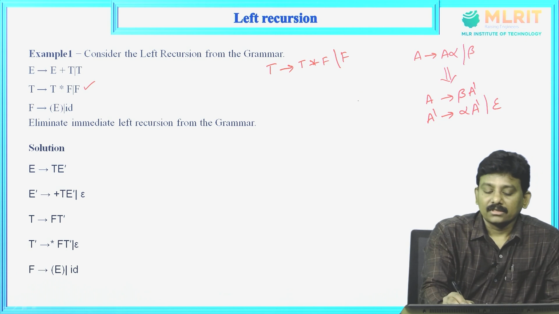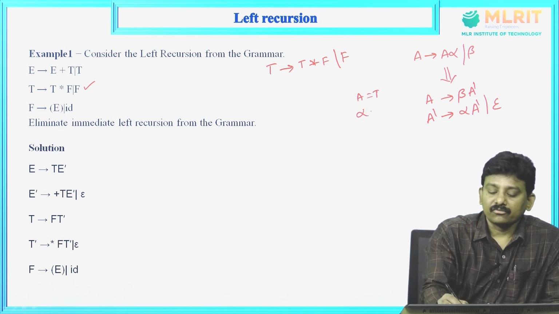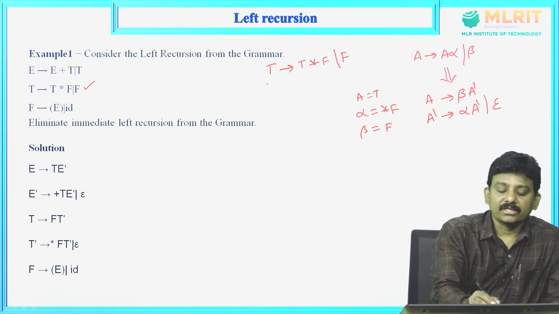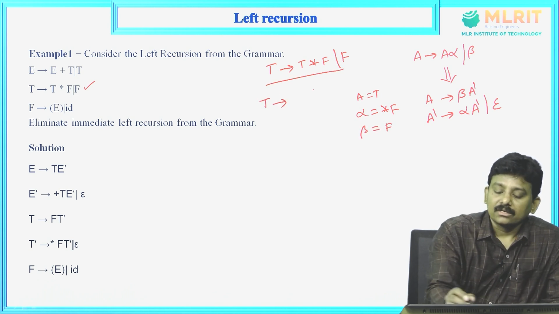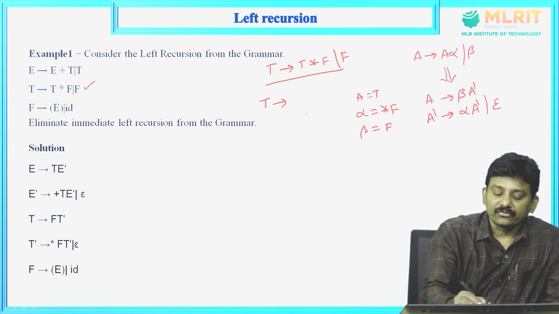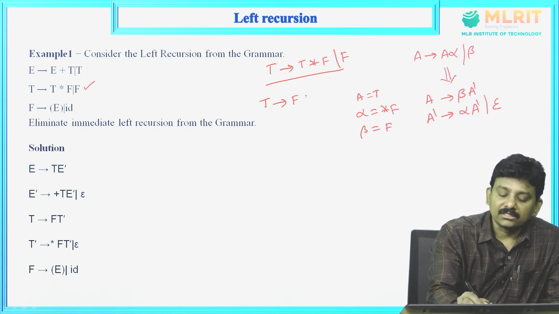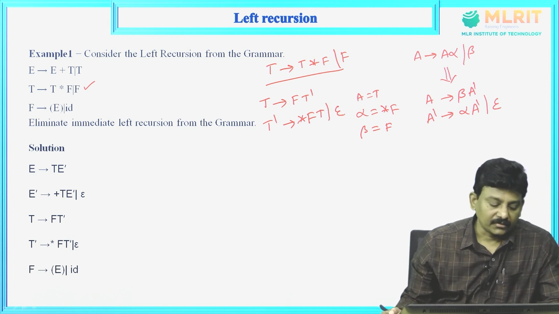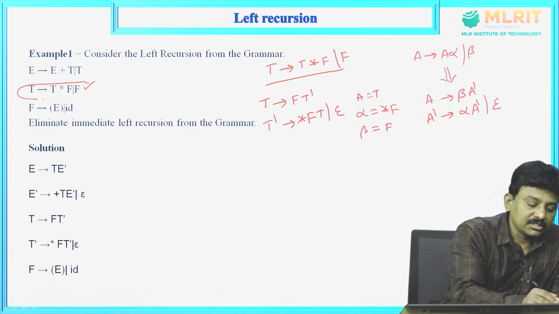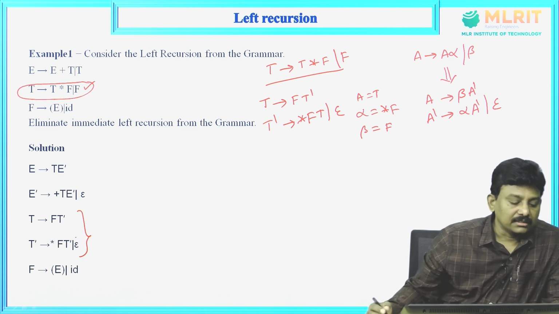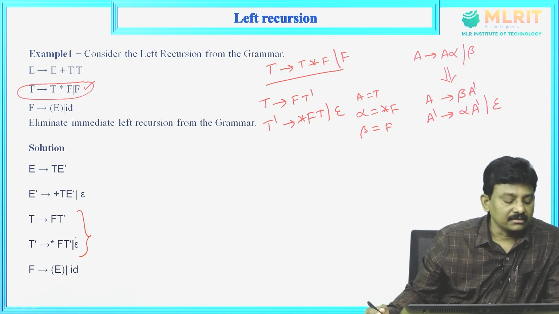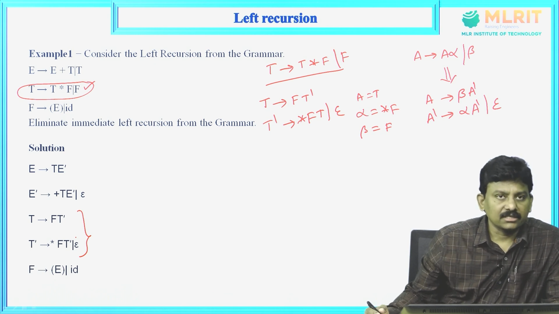Here A is T, alpha is star F, and beta is F. We can rewrite these rules by eliminating left recursion. A derives beta A dash, beta means F, so T derives F T dash, T dash derives alpha, meaning star F T dash, or epsilon. See, this rule is replaced by these two rules.